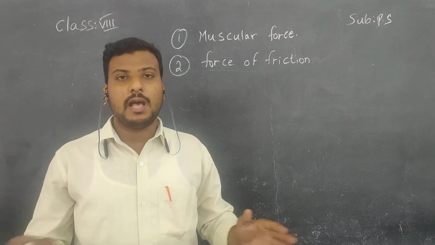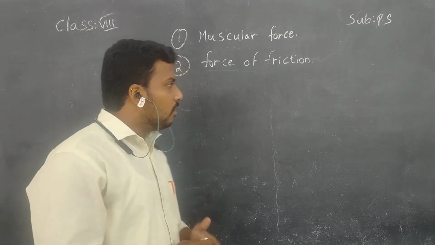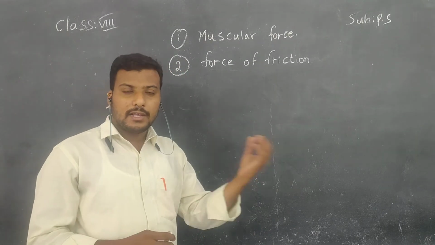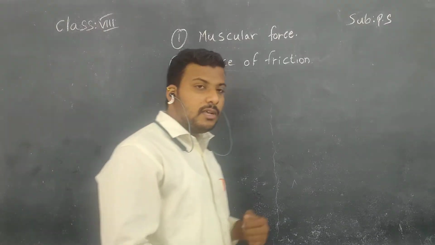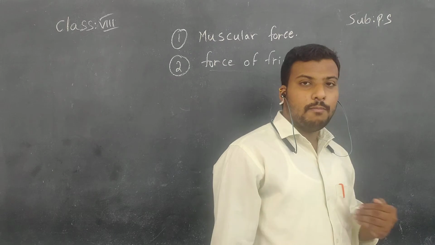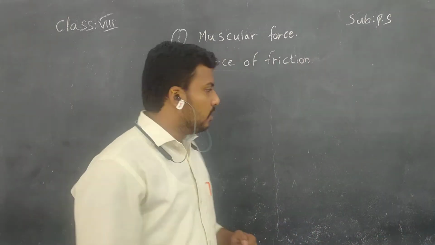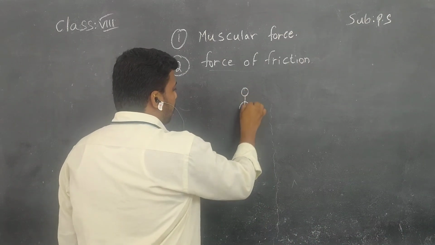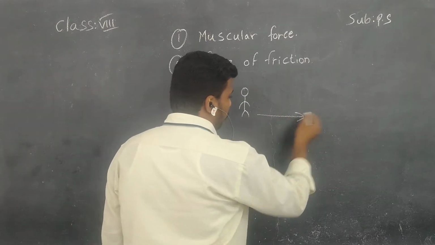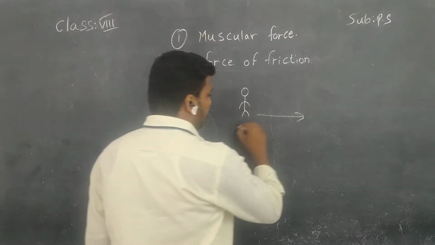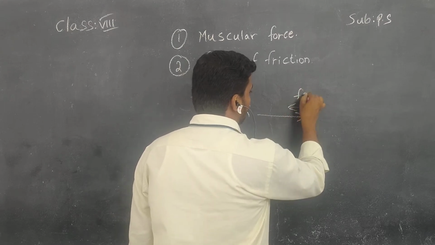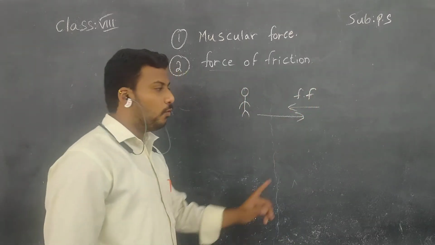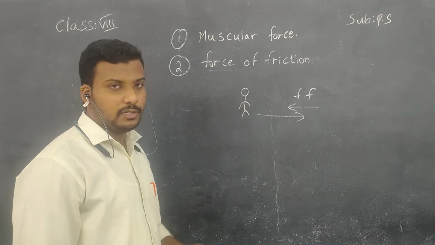The friction is absent. So children, friction always acts in the opposite direction. It means if I am moving like this, the friction acts on me in the opposite direction. So here is a person who wants to move in the forward direction, and the frictional force, that is F, is acting in the opposite direction.